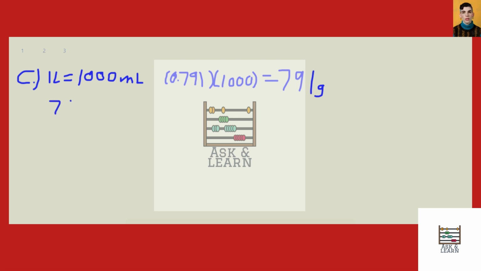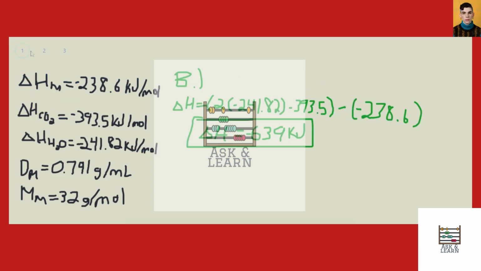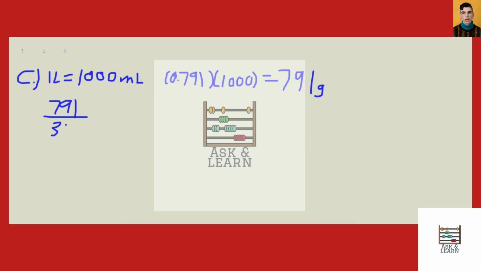Now we're going to convert this to moles. We have 32 grams per mole, so 24.7 moles of methanol.